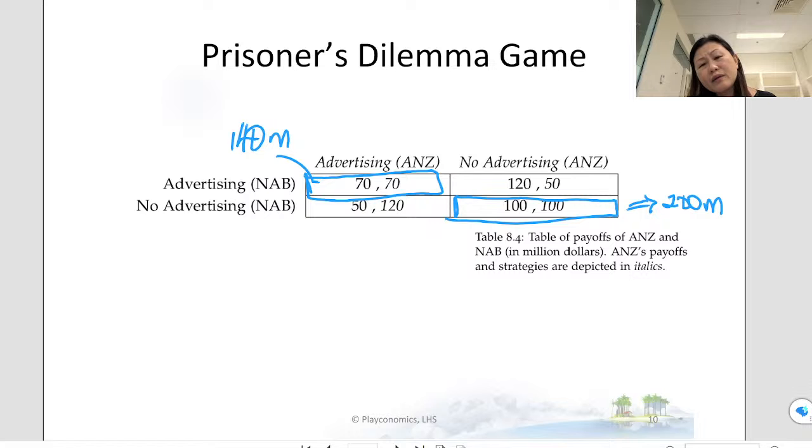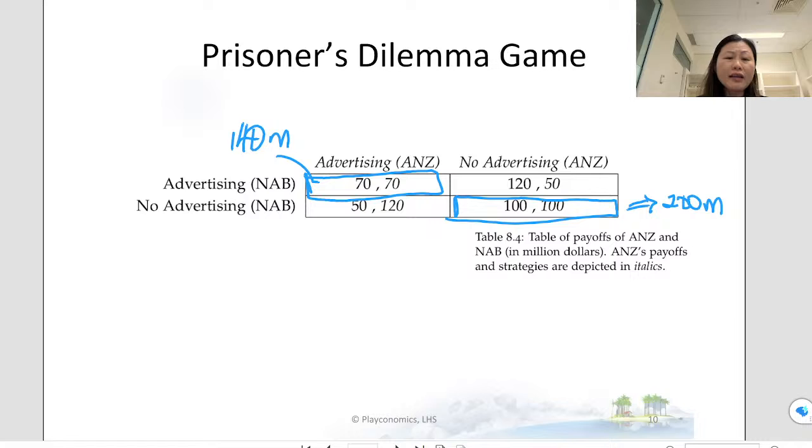We don't really want one party to advertise and the other not, because then we'll be stealing customer base from the other party and also stealing profits from the other party. So one company advertising and the other not is not a good outcome. It's not a good strategy profile.